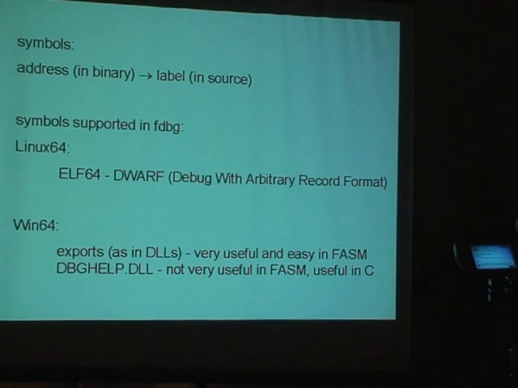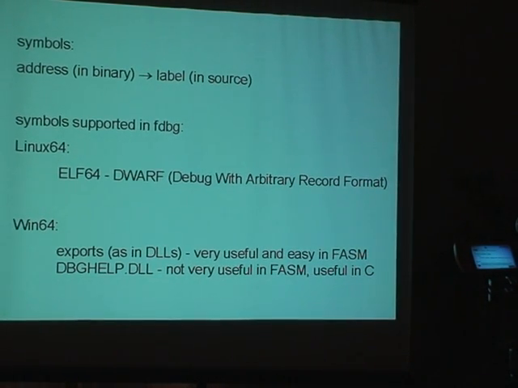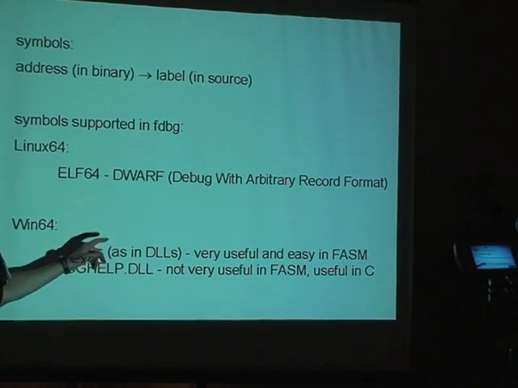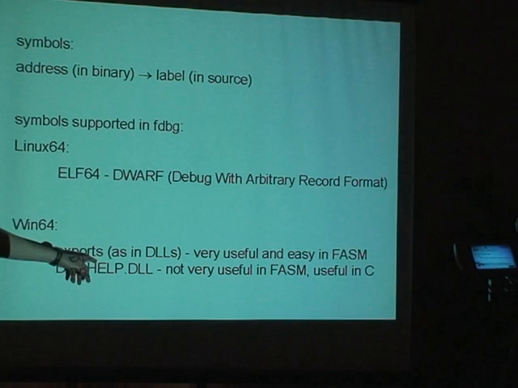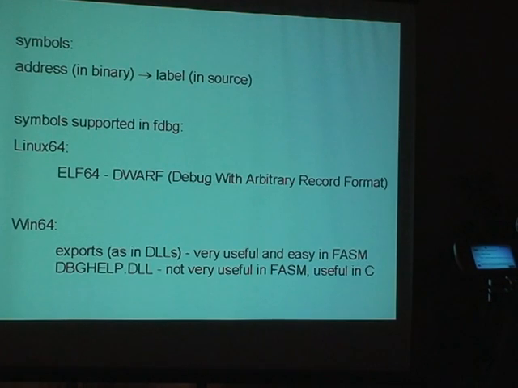It is suitable for programmers in C. And I discovered that we can easily make labels under Windows by making exports in the executable. It is the same way as DLLs. And after this, we can make symbols very easily under FDBG.